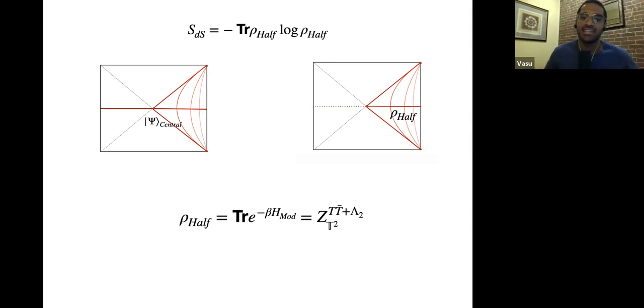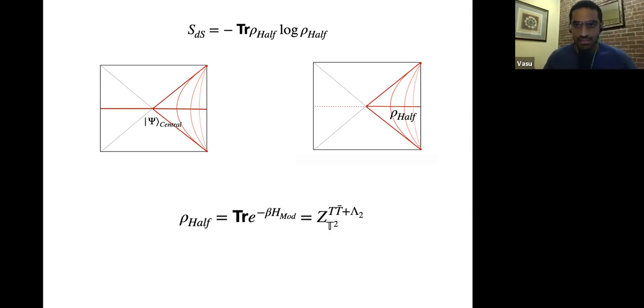And the interesting thing here is that the modular Hamiltonian associated with this entropy is nothing but the Hamiltonian that generates time evolution within the static patch. And so the partition function that I'll be computing is exactly this quantity. So the thermal entropy associated with this partition function computes the entanglement entropy associated with tracing out half the central slice.